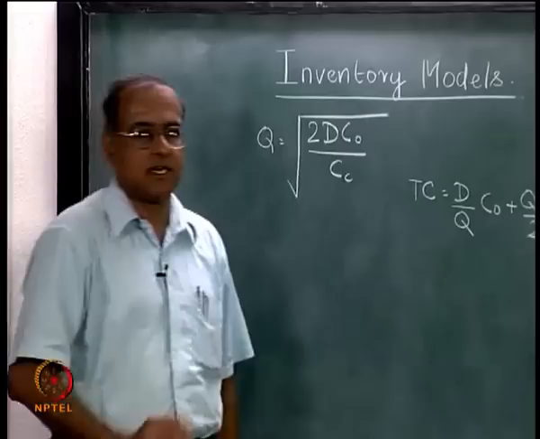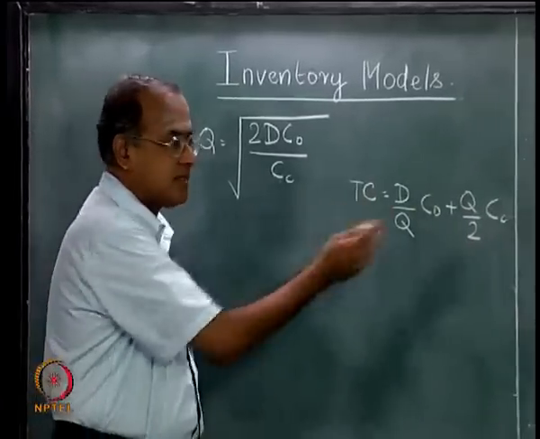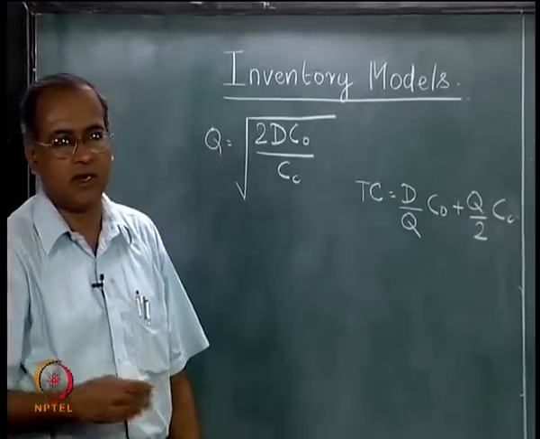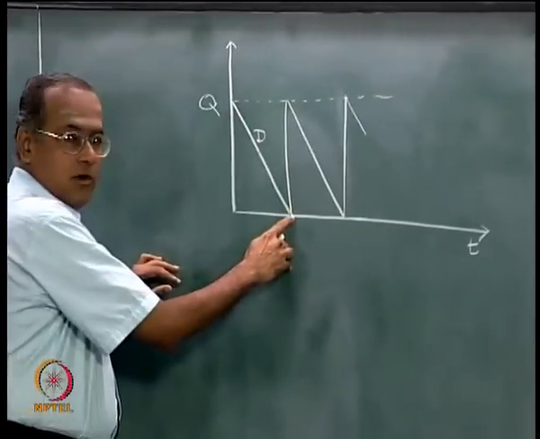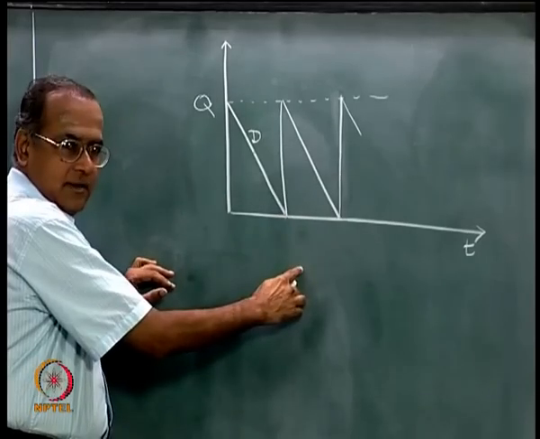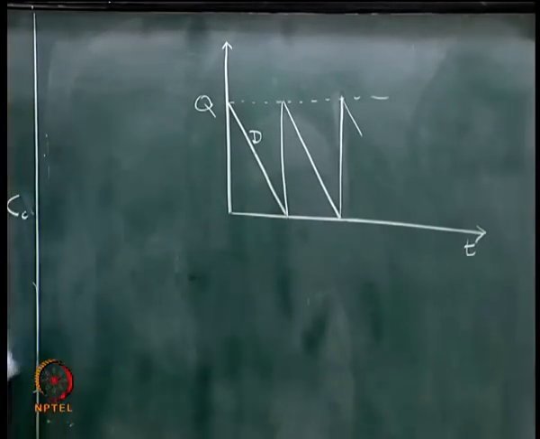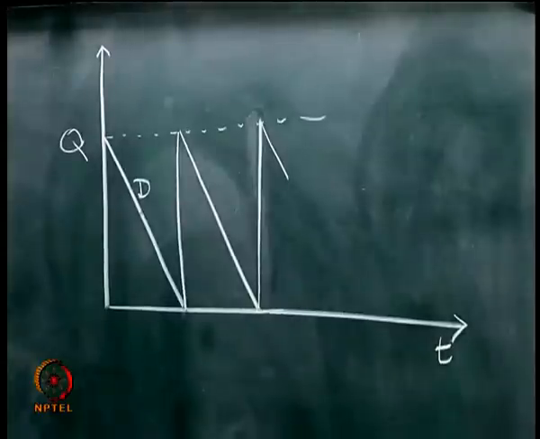We do not consider shortage cost because one of the assumptions is that no shortage or back order is allowed, which means that the stock position will come right up to 0, it will not go beyond that. So no shortage cost is allowed.